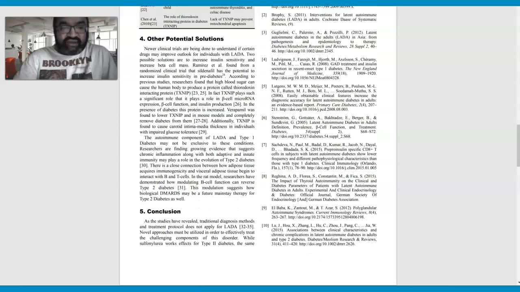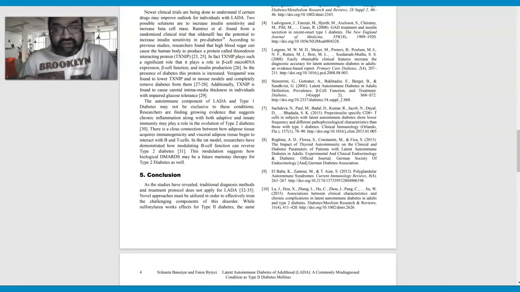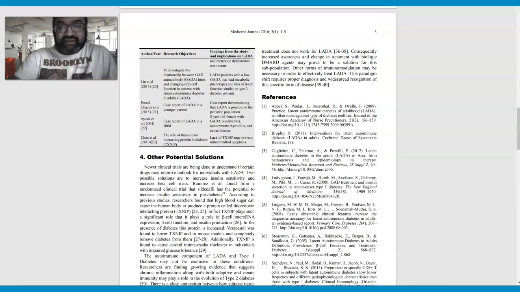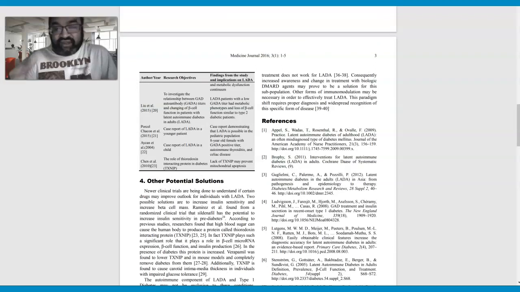That's important to know. And actually, I worked with an endocrinologist who diagnosed somebody with LADA. Of course, in clinical practice, it may not necessarily be known, but regardless, you're looking for similar treatments.